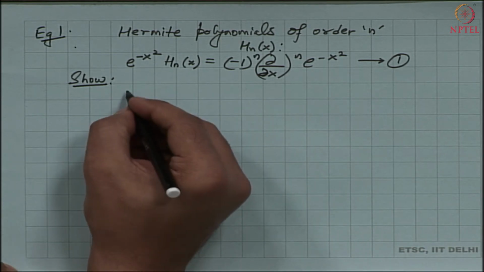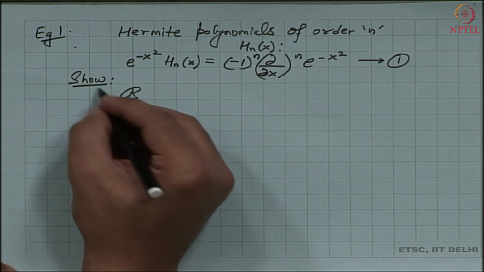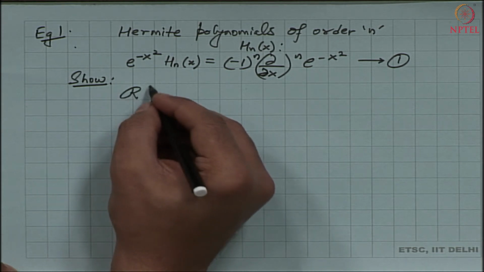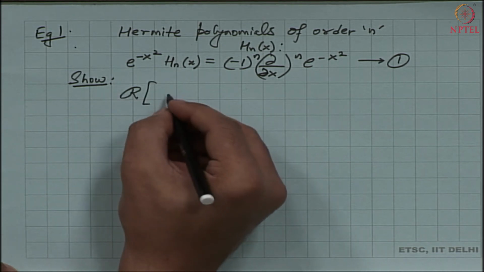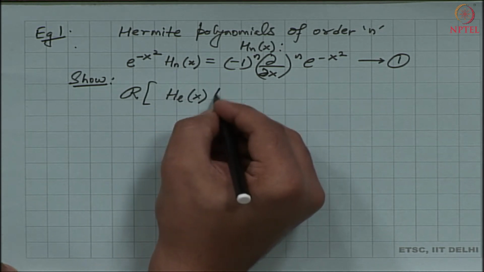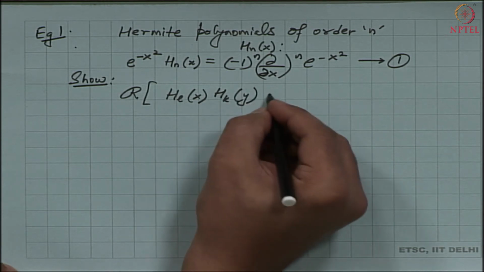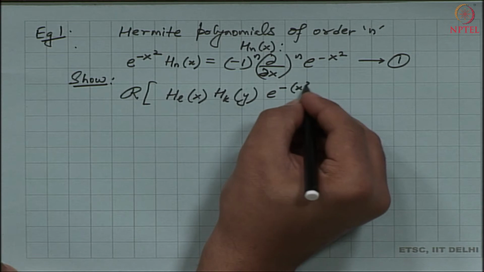So, I have to show the following fact. I have to find the Radon transform of the product of the Hermite polynomial of order L in x and the Hermite polynomial of order k in y, times e to the power minus x square plus y square.